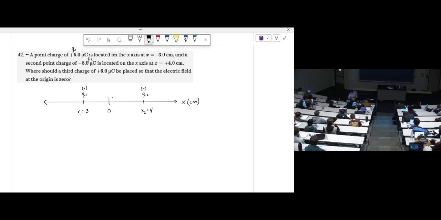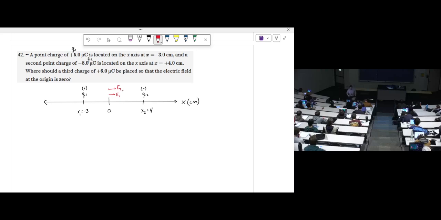So if we look at the origin right now, electric field lines radiate away from positive charges, so E1 is going to look something like this. And then it's going to be pointed toward negative charges. And that means that E2 is also going to be pointed to the right. So if they're both pointed to the right, two vector quantities both pointed in the same direction can never cancel each other out. So no, the electric field, just by inspection, is not 0 at the origin already.